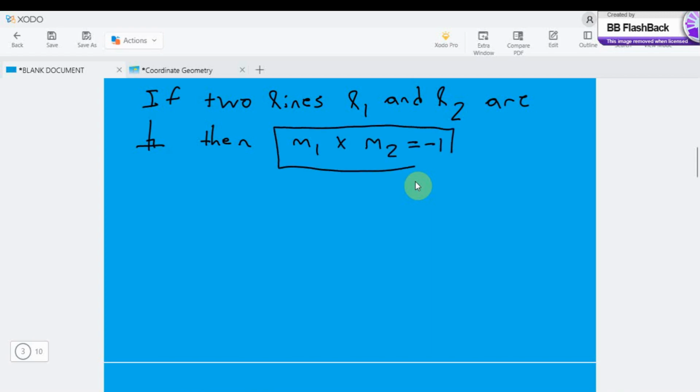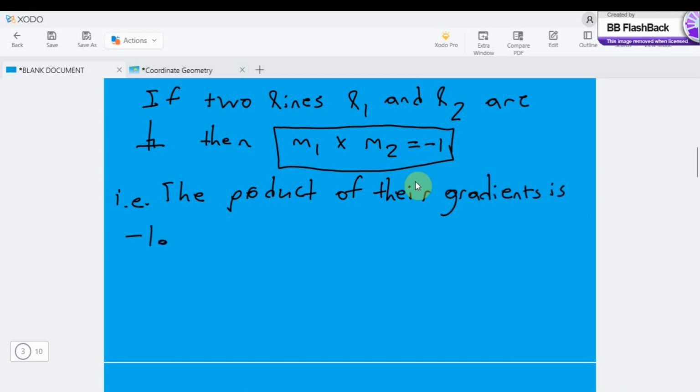This is what you need to know. That is the product of their gradients is -1. That's it. If two lines are perpendicular, then the product of their gradients is -1.